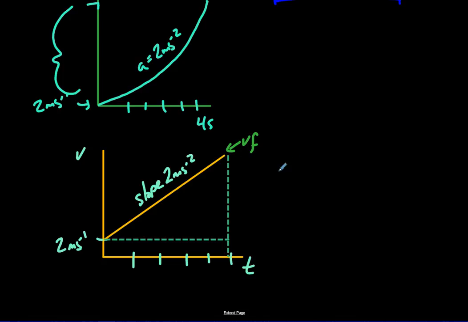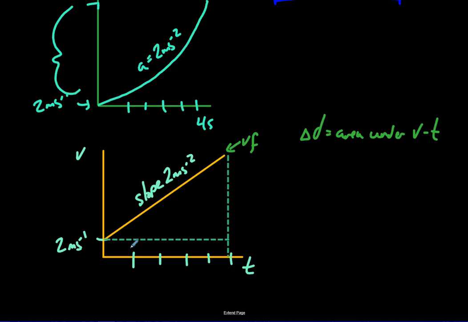So now remember, what we're looking for is the change in displacement, right? If you remember before, change in displacement is found as the area under the VT graph. So if you look here, you can see that you could find the area of a shape like this by doing 2 things.